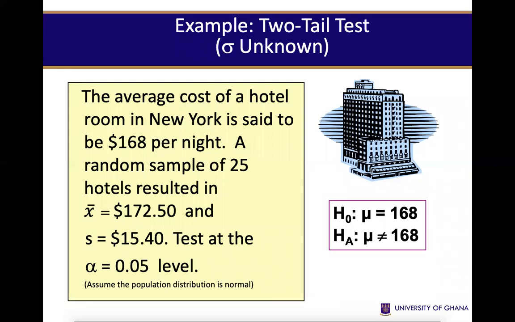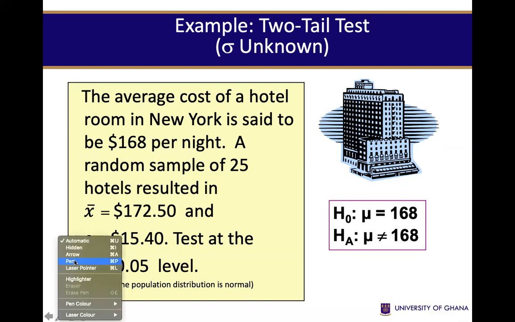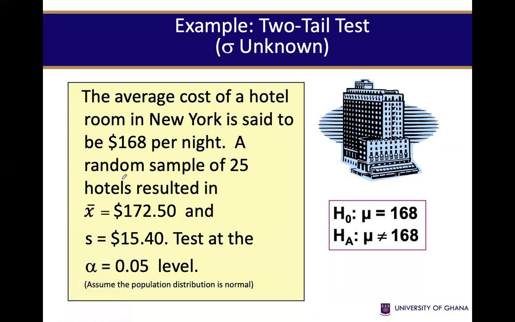This time, we are just testing whether the average cost of the hotel room is 168 or not. You remember in this question, we've not stated anywhere whether we are testing if the hotel room is bigger than 168 or smaller than 168. We are just interested in whether the hotel room is $168 or not.